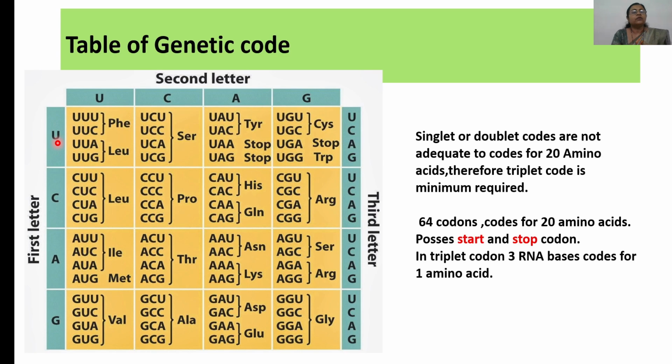So you can see this U, then second letter here again U, and then the third letter from this side. So U, that is the triplet codon. Then again we take this U, but this letter. So U and C. In this way, 64 codons are formed.